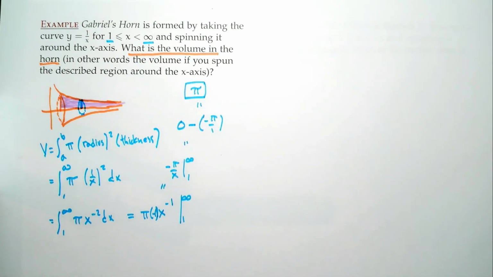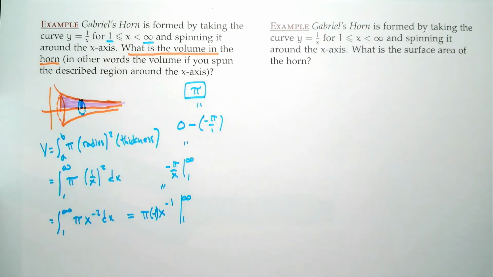Okay, good, good. Now at this point you're saying, fun problem, Steve. I had a lot of joy in doing this, but it has nothing to do with surface area. Well, that's because this has a part 2. You have the same horn. You're still going to spin it in the same way.